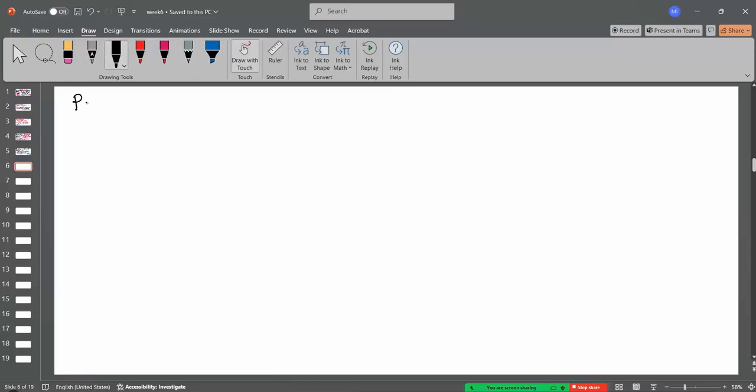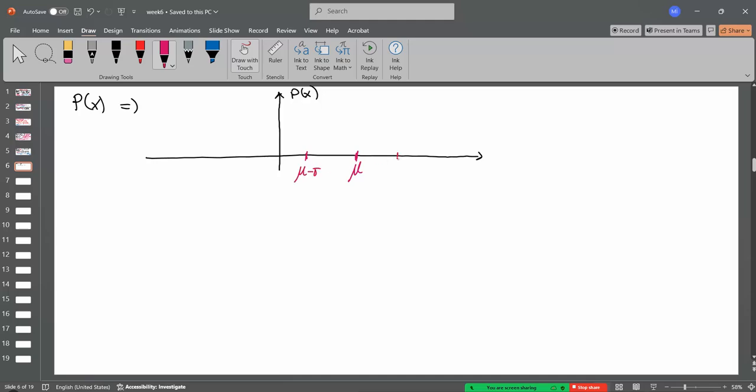This px looks like just this one. For example, this is the mu, okay? And so this is the mu minus sigma, mu plus sigma, and mu plus 2 sigma, and also mu minus 2 sigma, okay?